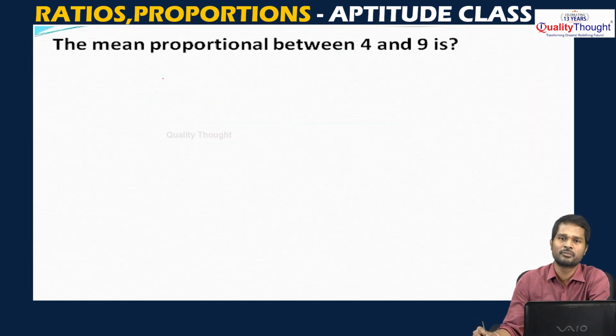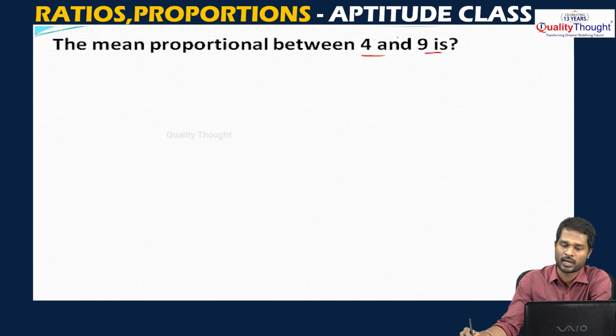See this question in a similar way: find the mean proportional between 4 and 9. Let the mean proportion be P, any variable you consider.